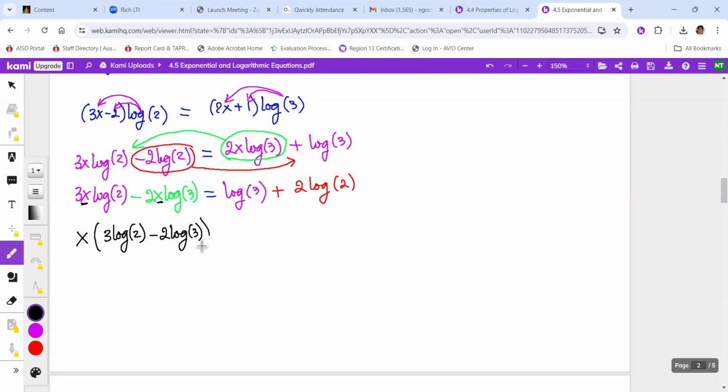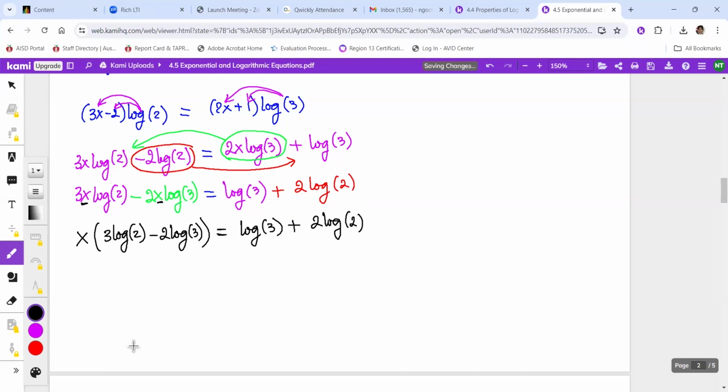So that will be the left side, and on the right side, we just go ahead and copy both, because here we just write them both, but when we put them in our calculators, then you will have a decimal estimate. So this is log base 10 of 3 plus 2 times log base 10 of 2.